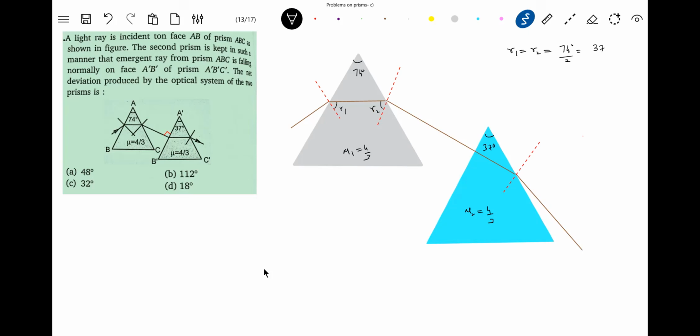This will be 37 degrees. Then we'll get this i1, this i2. Sorry, r3 is 0. r3 is 0, i3 is 0. This angle of prism will be A1. This is A2.